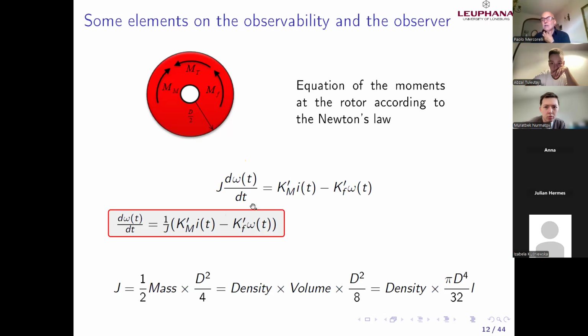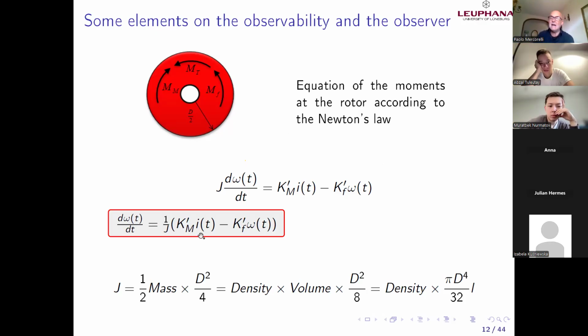We have just to remember that the derivative of the velocity is the acceleration. Do you remember in high school, mass multiplied by the acceleration equals the force acting on the system. Here, J reflects the mass, it is the inertia. The mass is an inertia.